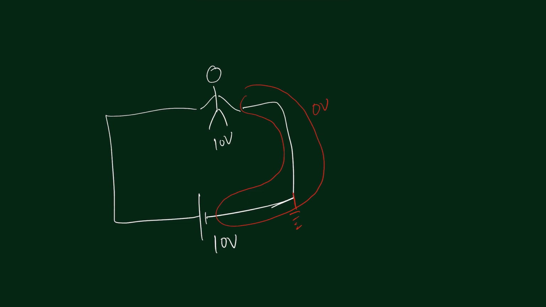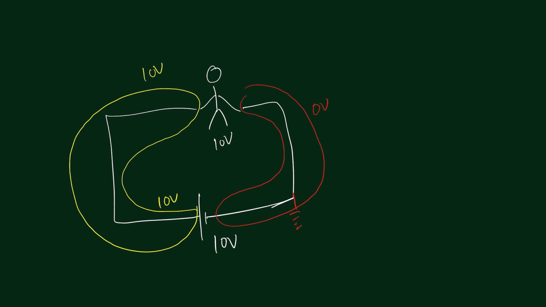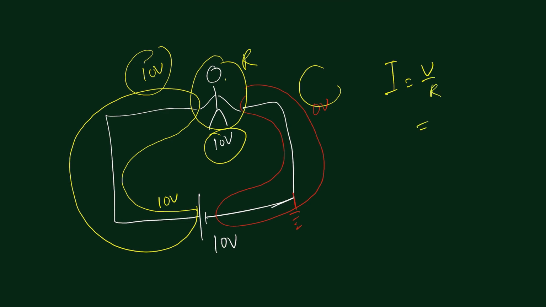The other side will become 10 volt, so this whole wire will be at 10 volt. So how much voltage will I get? The difference, 10 minus 0, is 10. If you know my resistance R, using I equals V by R, you can find how much current flows through me. That's it.